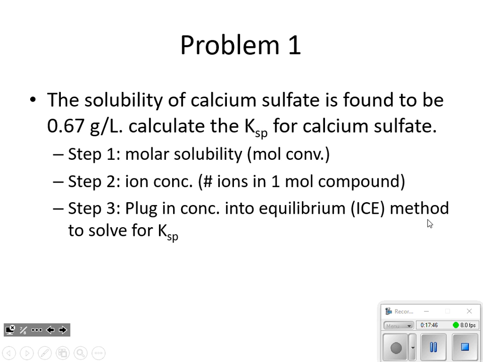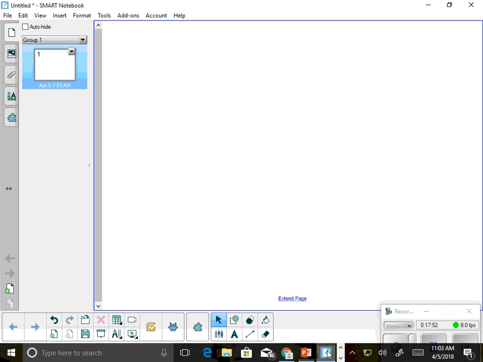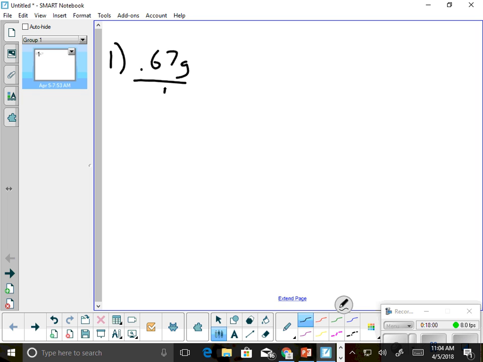So again, I'm going to switch over here. My step number 1, so I have 0.67 grams per liter of calcium sulfate.